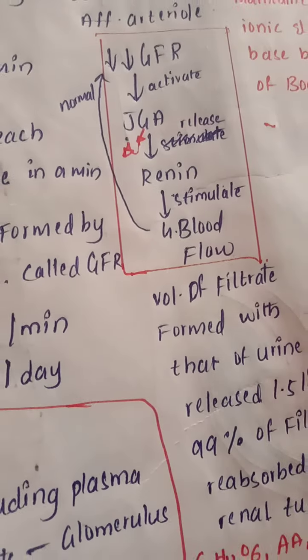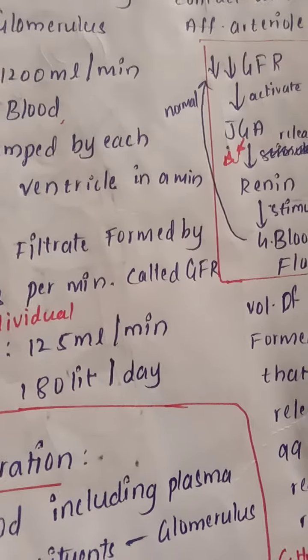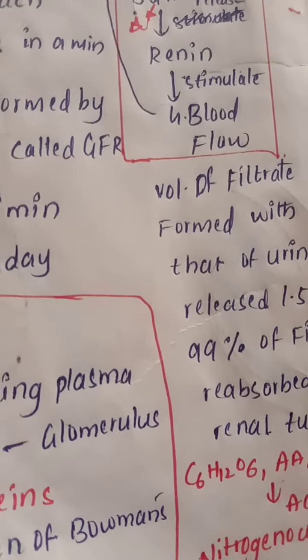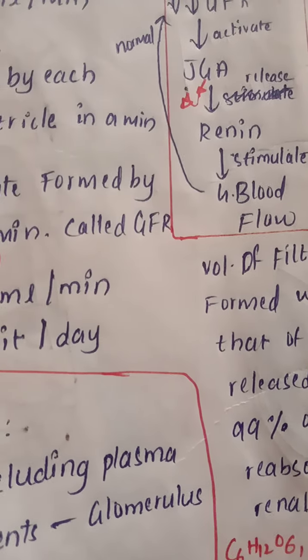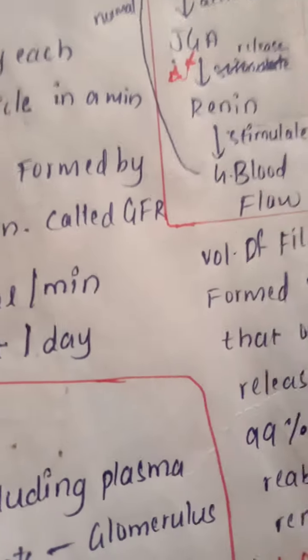It is called reabsorption. What things are reabsorbed actively and passively? Glucose, amino acids and sodium are reabsorbed actively, whereas nitrogenous waste and water are reabsorbed passively.